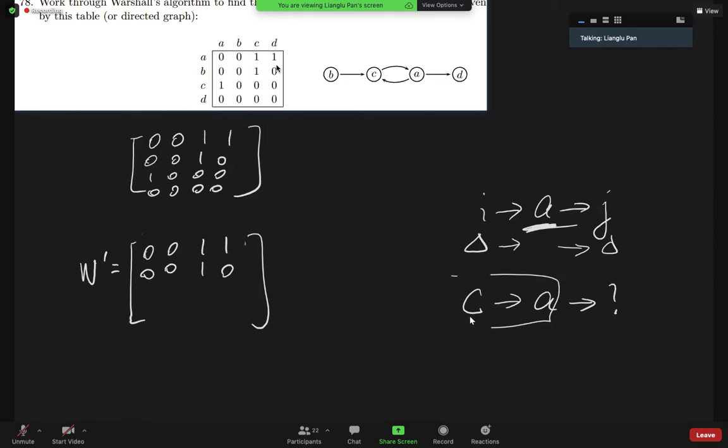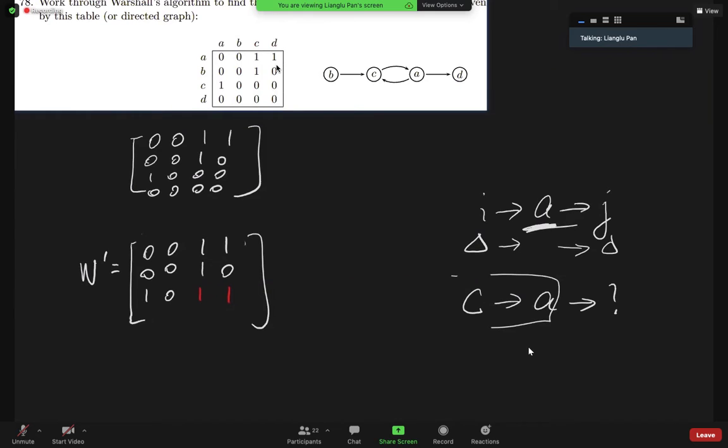For example, we can go from C to A, then A to C, telling us that C to C is possible. We can also go from C to A, then A to D. That's also possible, so we know that C to D should also be possible. So in this case, we're going to have two updates. These two zeros are updated to 1.